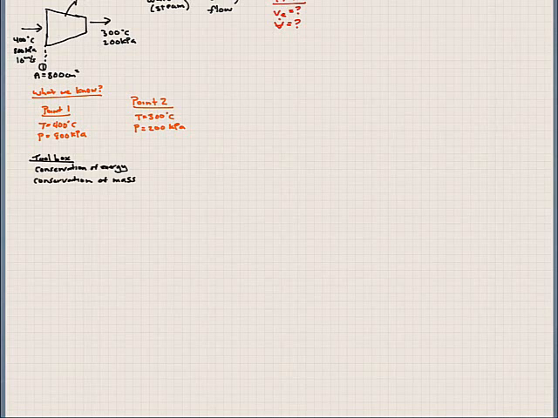These are our two things that we know right now. You can start at any one of these, I suppose, but since I wrote it first, let's write down the conservation of energy.